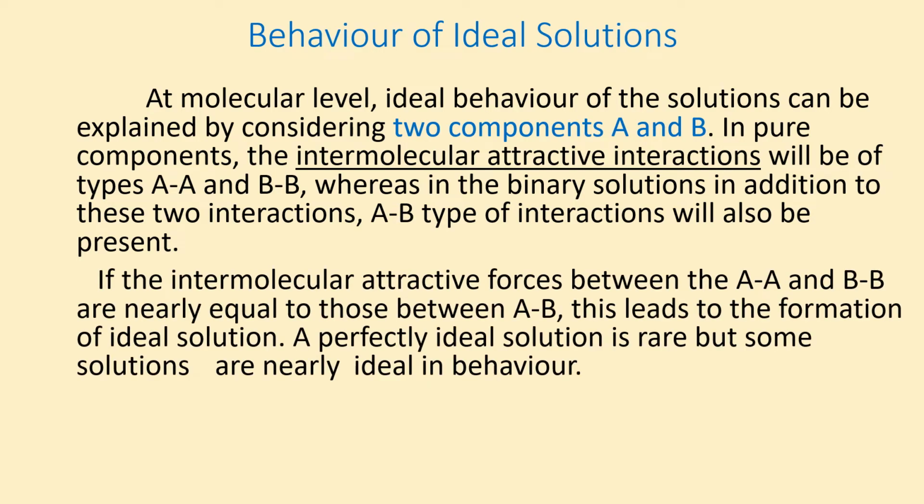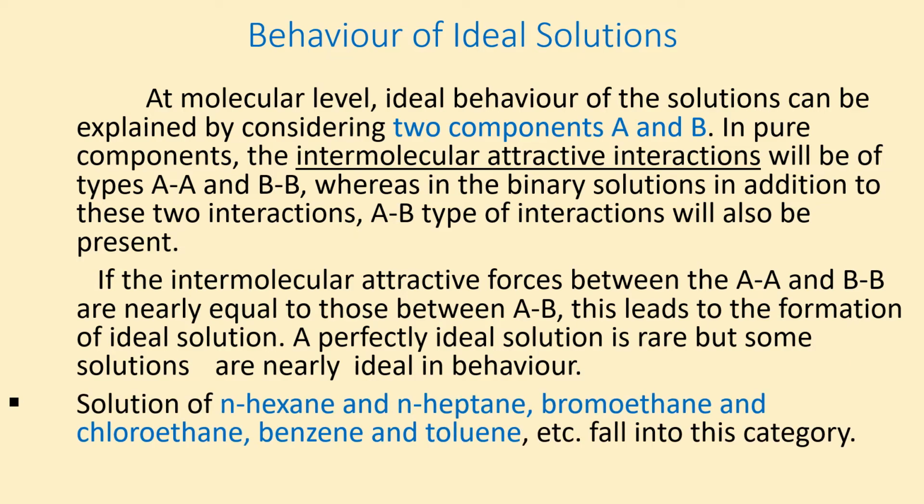If the intermolecular attractive forces between A-A and B-B are nearly equal to those between A-B, this leads to the formation of an ideal solution. A perfectly ideal solution is rare, but some solutions are nearly ideal in behavior. Examples of ideal solutions are solutions of n-hexane and n-heptane, bromoethane and chloroethane, benzene and toluene, etc.